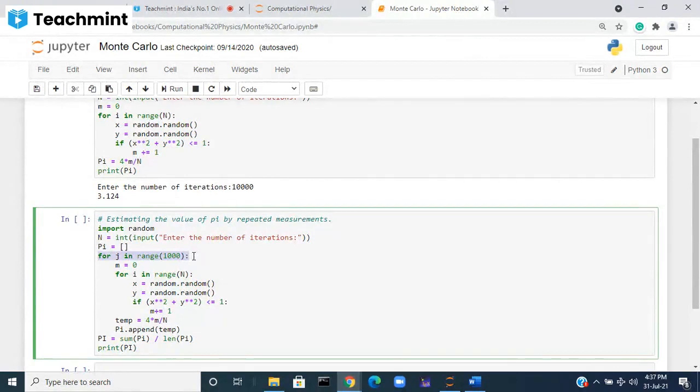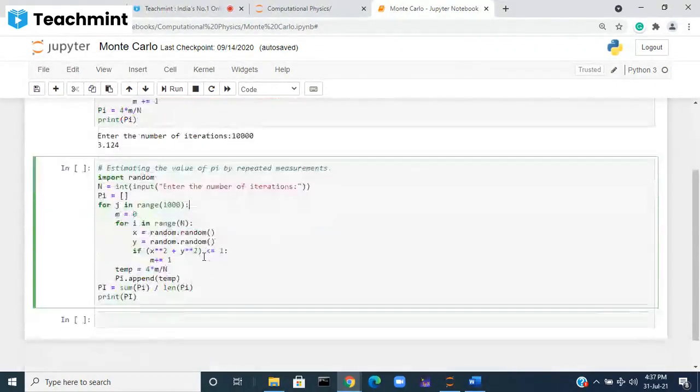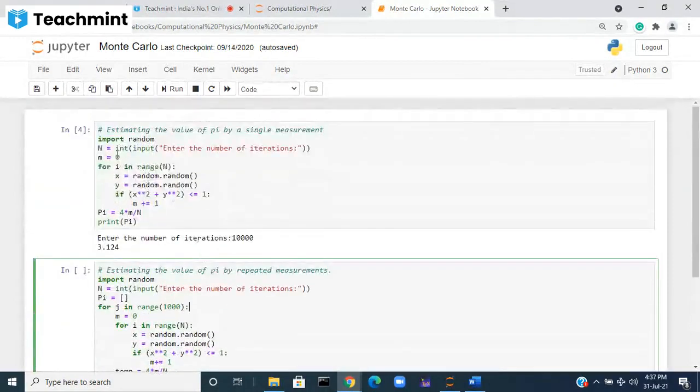Let us repeat this measurement 1000 times and see whether we get a more accurate answer. Import random. n is the number of iterations.